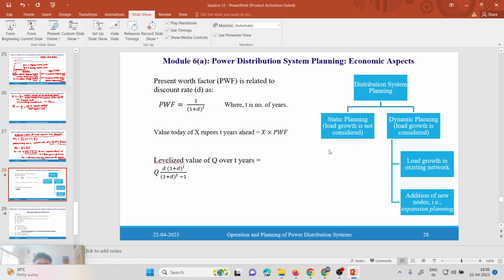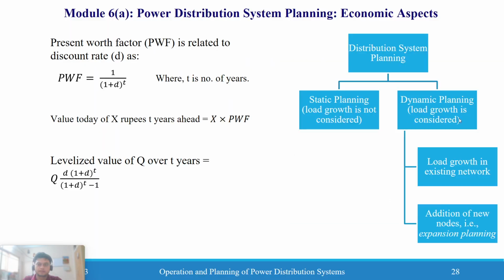Distribution planning consists of two parts: static planning and dynamic planning. In dynamic planning, load growth is considered, and where load growth or addition of new nodes happens in the network, we should consider that.